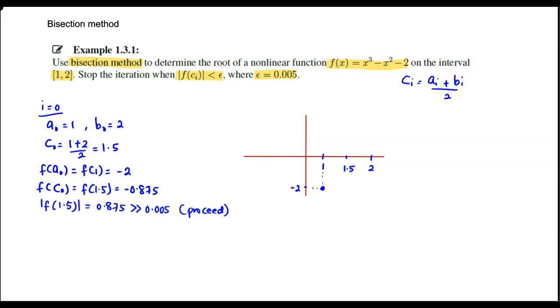When x is 1.5, the corresponding f is negative 0.875, so maybe somewhere here, more or less. So we have this point here. Now when we connect those two points, we draw some sort of curve.